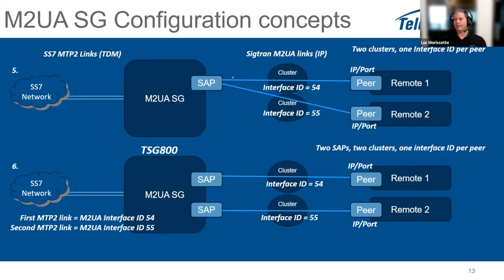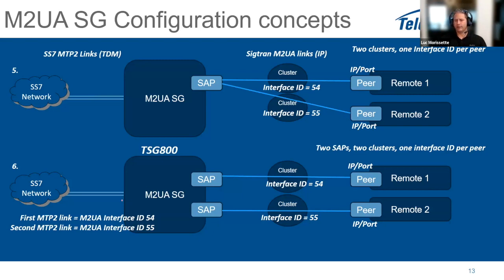The other mode you can have is one SCTP association and one cluster for one link, and then another association with another cluster to another peer with the other link. Right? So these are two completely independent links. Viewed from these elements here, they see only one MTP2 link on this side. So we can do multiple connections like this. In this case, there are two clusters and one destination per cluster.